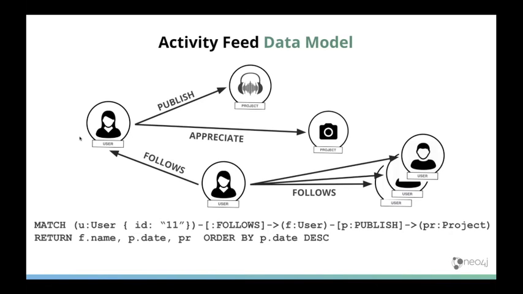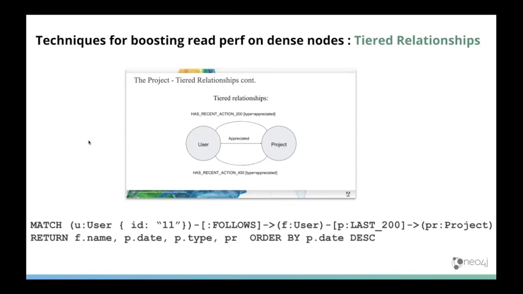So again, I like to steal slides from people, and this is the presentation that the Behance team presented at Graph Connect as well. And one of the techniques they use for boosting the read performance of these dense nodes is this idea of tiered relationships. So a user will have a link to a project representing every single action, and that can be appreciating a project, commenting on a project.